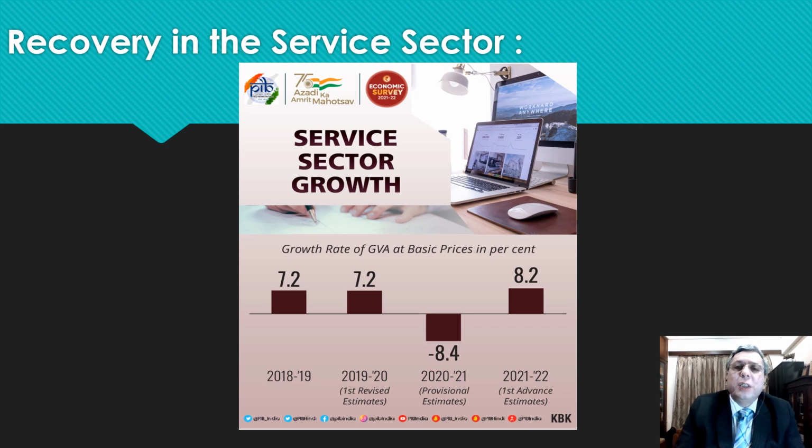Coming to the services sector, which is the core of India, with more than half of the GDP related to services.